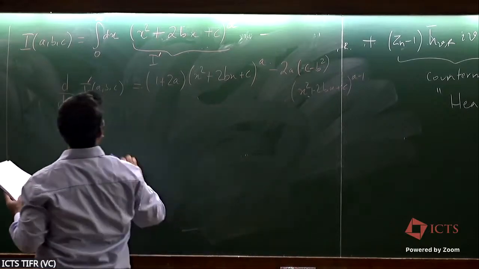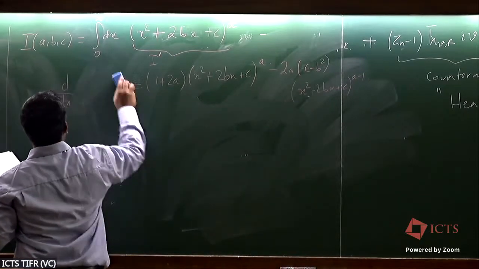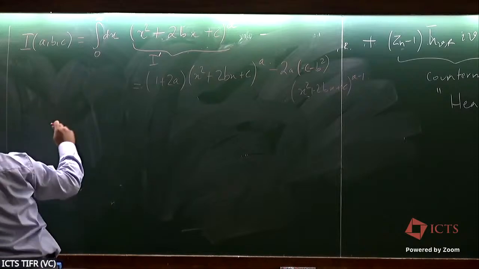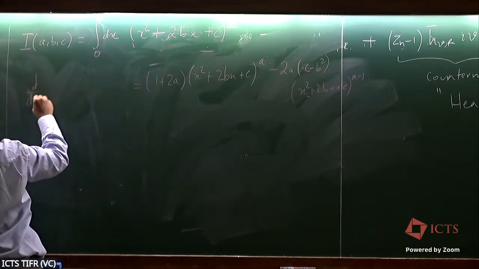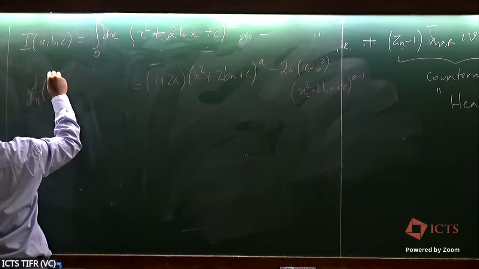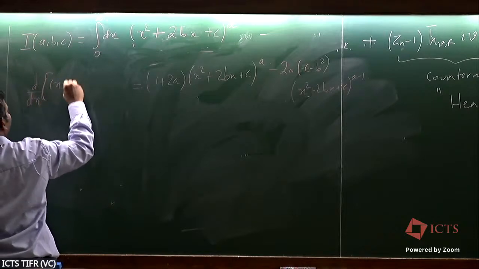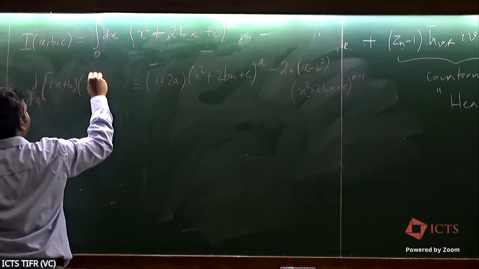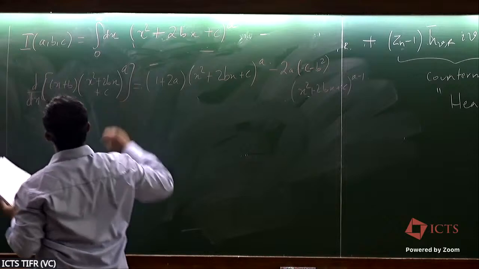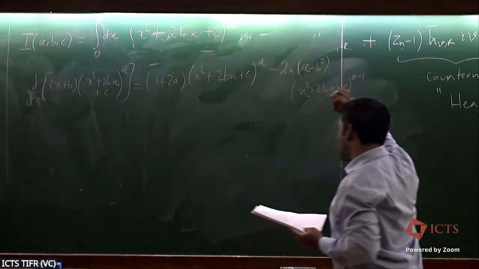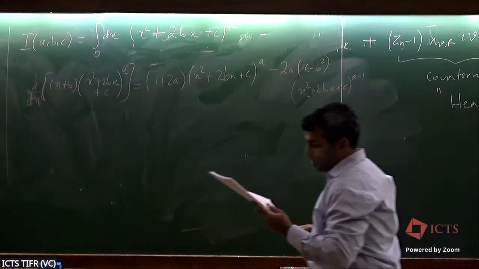Let me write it correctly. Sorry, I did it wrong. This is the identity; it's not just the integrand, it is multiplied by x plus b.